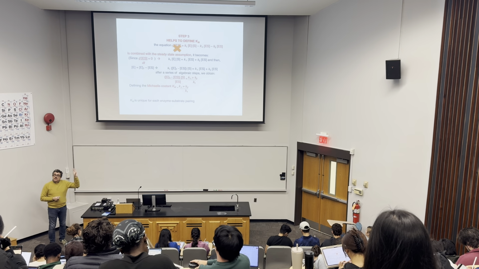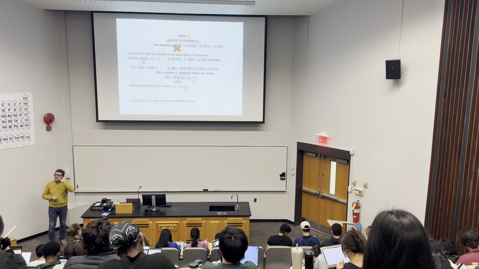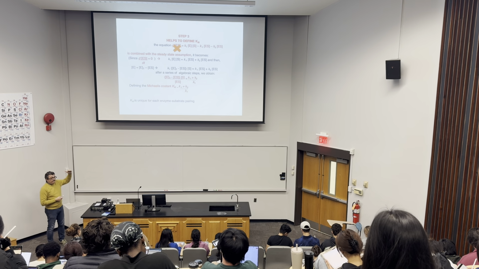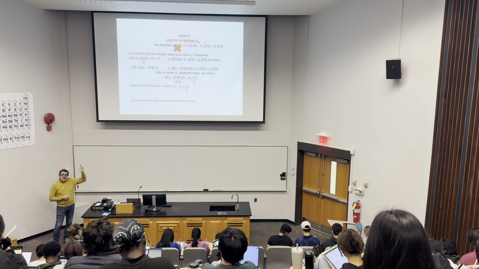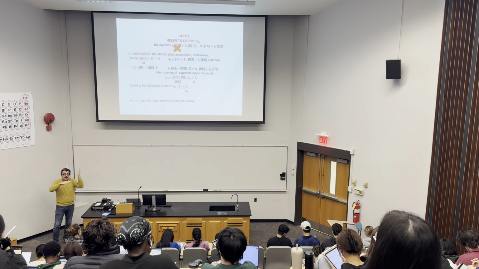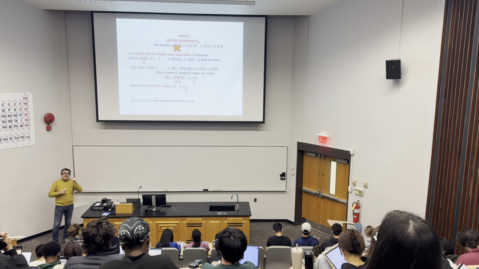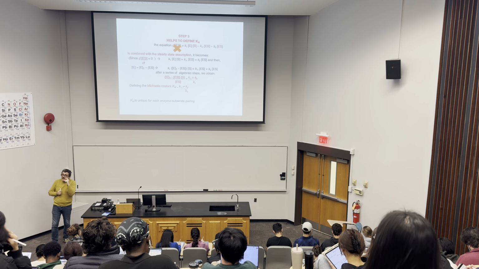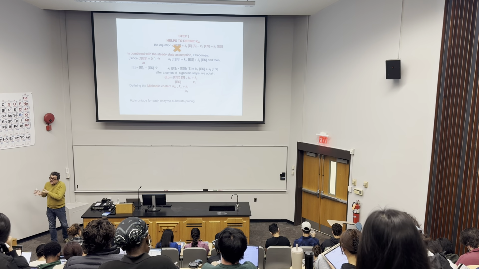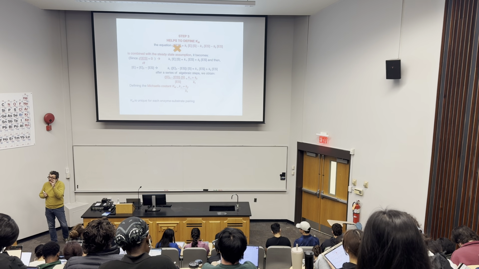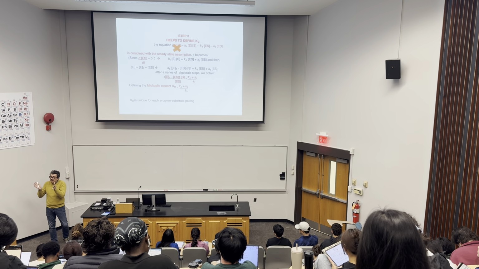The unit of this constant is molarity. So when you see in a graph the rate of reaction versus the concentration of the substrate, sometimes instead you have the S for substrate, there is K M, but it's the same thing, okay?